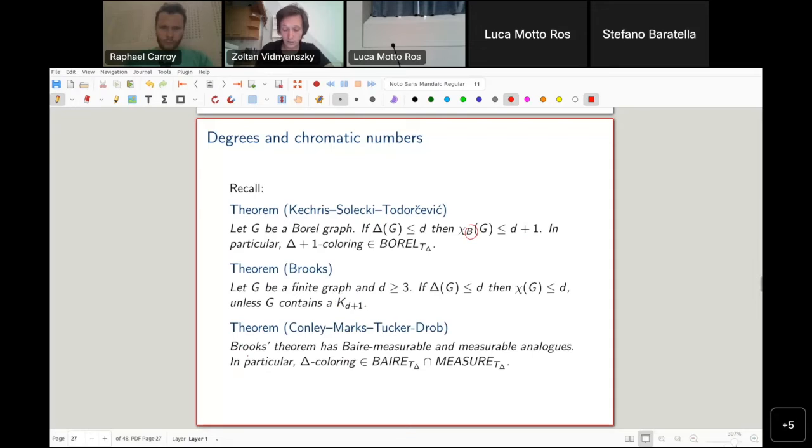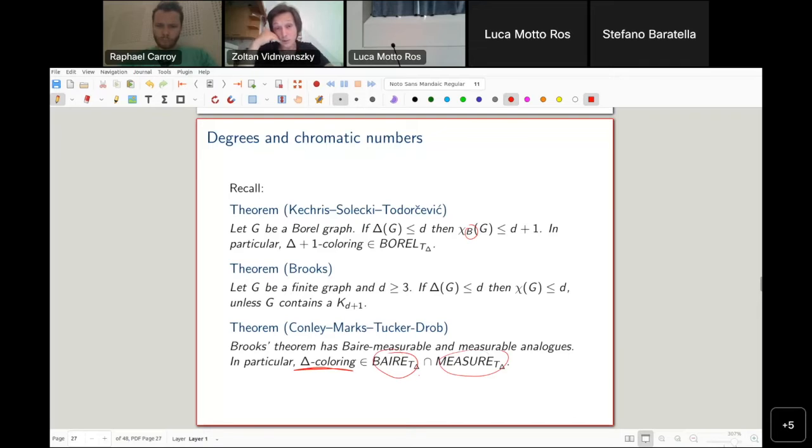If there is no K_{Δ+1} inside the graph, then you will have a Δ-coloring, a Baire measurable or a measurable Δ-coloring. Again, this terminology says that Δ-coloring is in these classes because, of course, Δ-regular trees do not contain K_{Δ+1}.